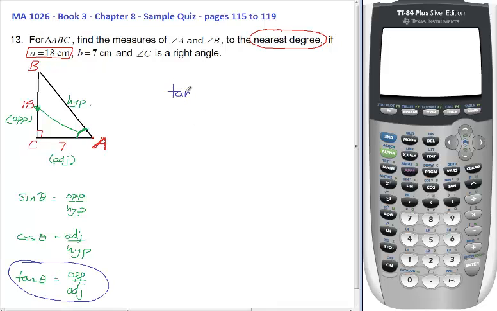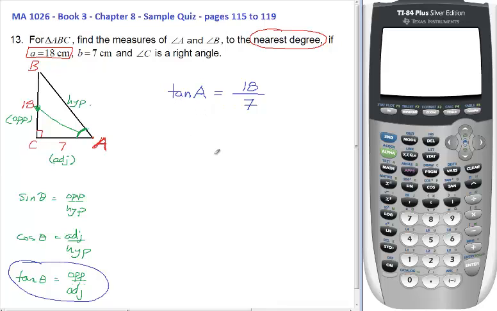Now you write the word tangent, or tan, abbreviated, then the angle. We don't know the angle, but we're looking at angle A, so you just write the letter for it. The tan of angle A is equal to the opposite side divided by the adjacent side. Now we have it set up correctly, and we have to find the angle.